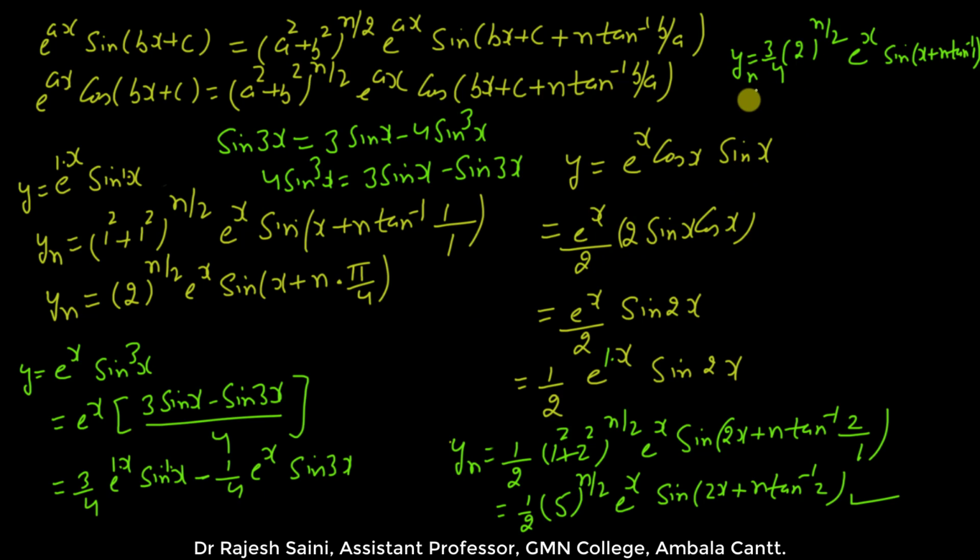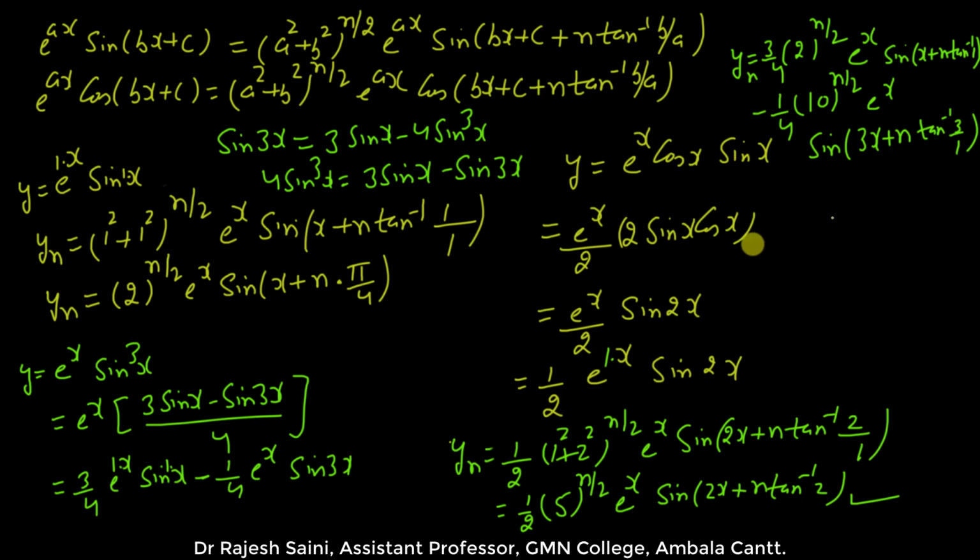This is minus 1 by 4 times, the coefficient of x here is 3, 1 square plus 3 square is 9 plus 1 is 10, raised to the power n by 2, e raised to the power x sin of 3x plus n times tan inverse 3 by 1.